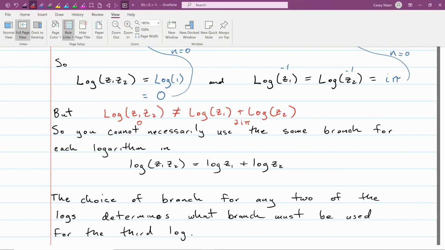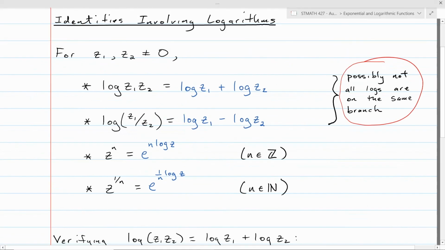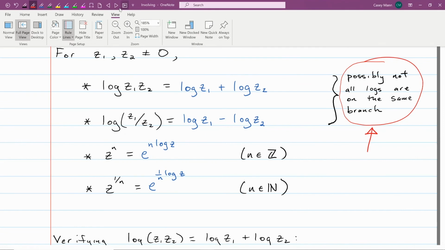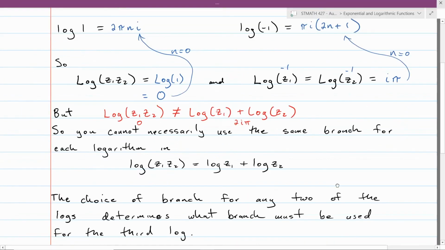I think I didn't say it out loud, but I had it written over here when we were talking about this identity that possibly not all of the logs are on the same branch. So the same goes for the difference formula too. So you just have to be careful of that. But yeah, you can pick two of the logs, and that'll determine what the third one has to be in those two identities.